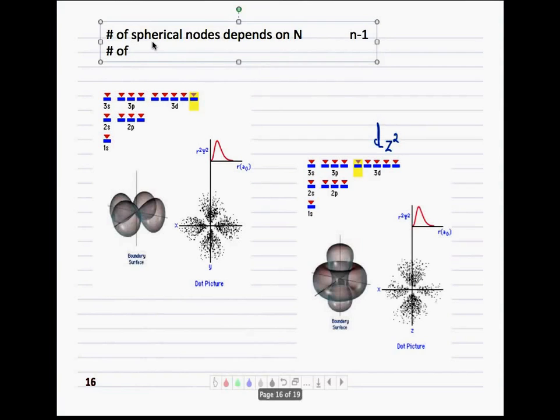Now, the number of nodal planes is equal to l. Okay? So for s, l equals 0, so we have 0 nodal planes.